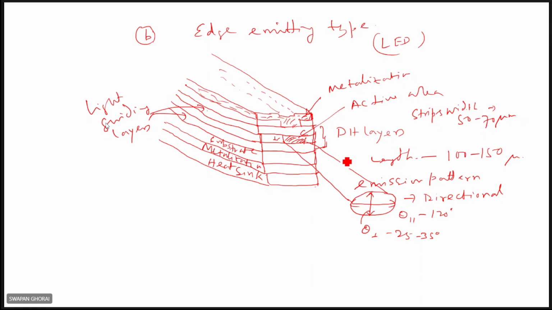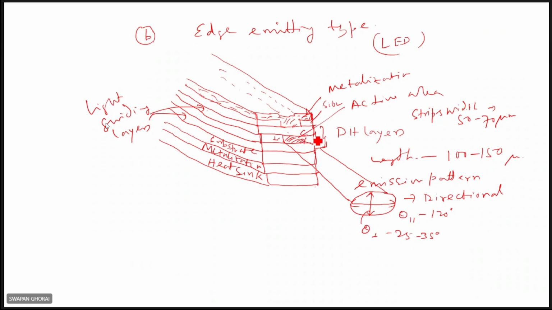So this is one. Another thing is this active layer, this middle layer. These are three layers. You can see it here also. This is the metallization. A similar concept is there. The only thing is that it is edge emitting. At the edge, light will be coming out, right? And you see, this is the metallic contact. Next is the isolation layer, SiO2.